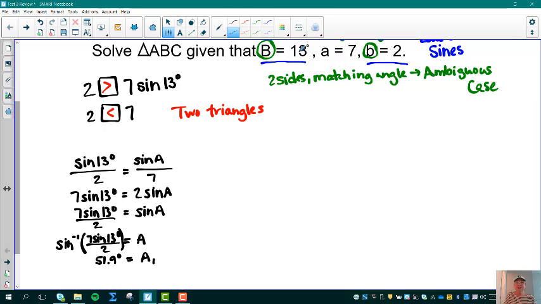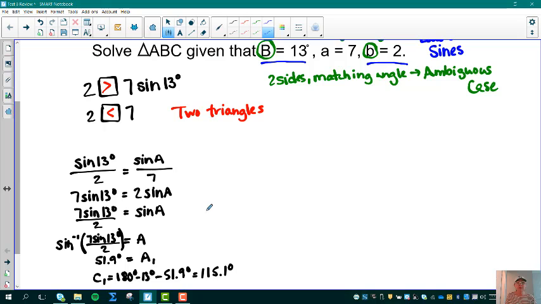Well, we knew B was 13 degrees, so C sub 1 should be equal to 180 minus 13 minus 51.9, which is going to be equal to 115.1 degrees.